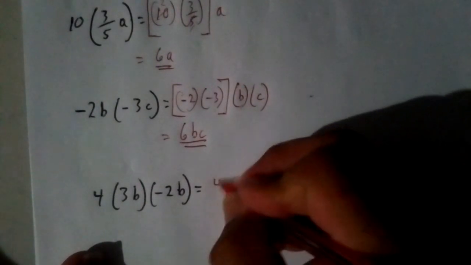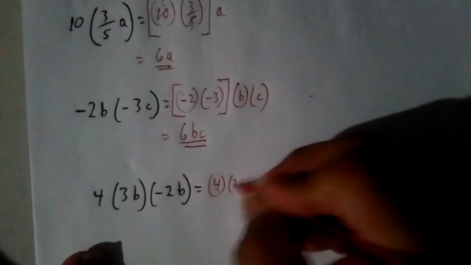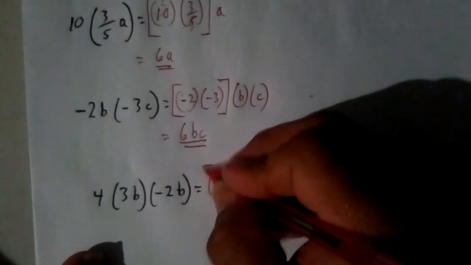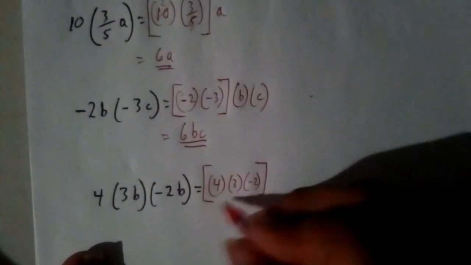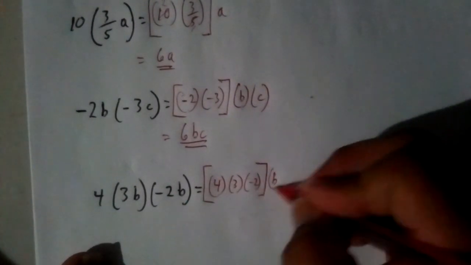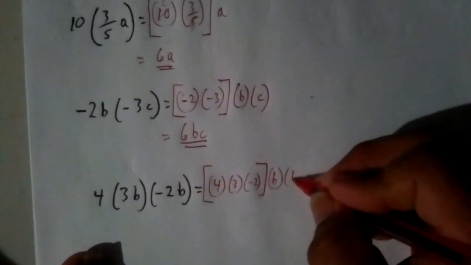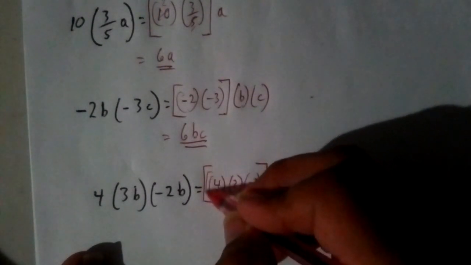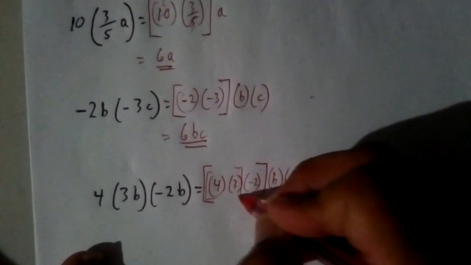So we put 4 times 3 times negative 2, and we could put a big bracket here so as to show that all is what will be multiplied first, and then we bring this b times the other b, and so we work inside. And you could even put a smaller bracket inside from left to right.